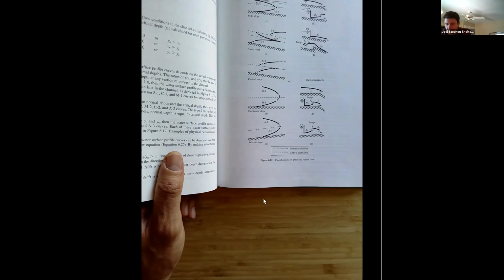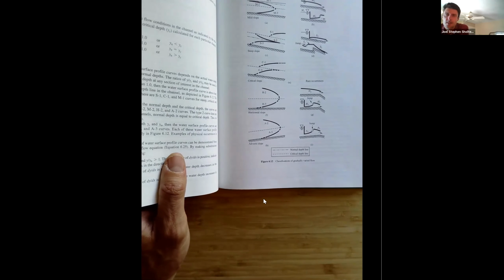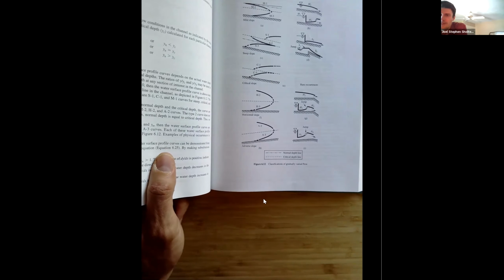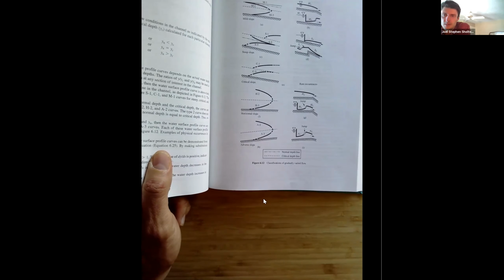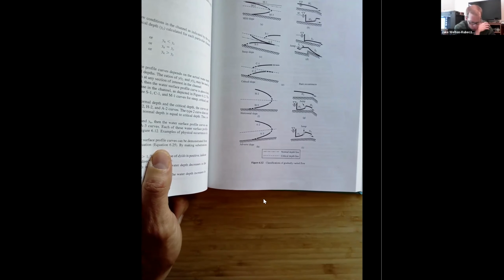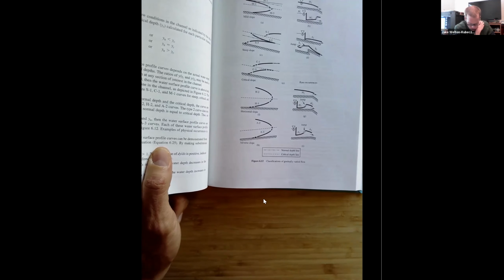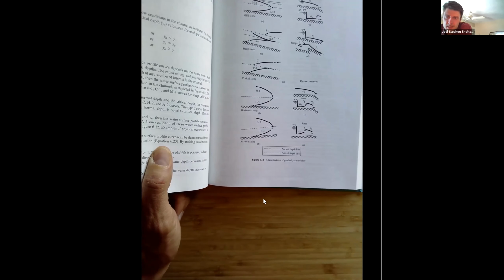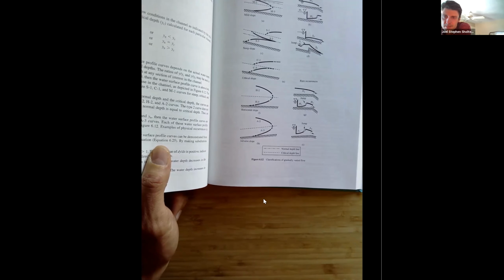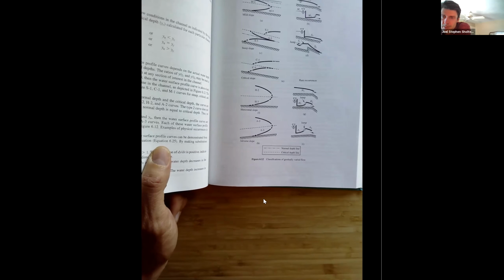Because, okay, so for Manning's equation, if the slope is 0, then you get 0 velocity, right? Mm-hmm. So I think what this is saying is, gosh, I don't know how the horizontal slope plays out, to be honest, because it's just not often a thing that you encounter in design problems. At least over a long distance.